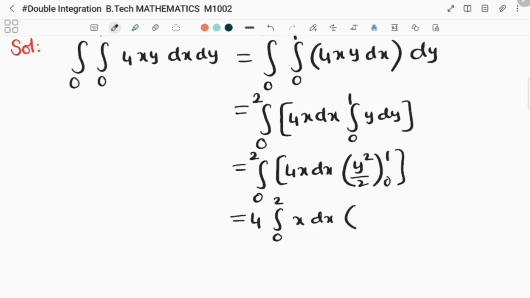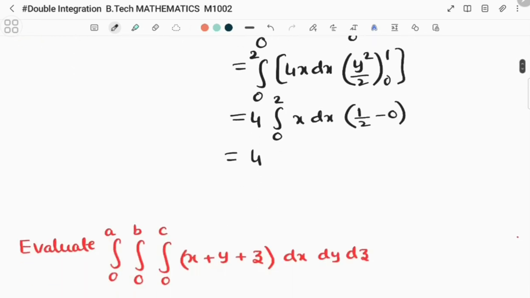Integral x dx is x square by 2, applying the limit 0 to 2. So 2 into 2 square by 2, 4 minus 0, which is equal to 4. Once you go through, dear students, this is the way you can double integrate.